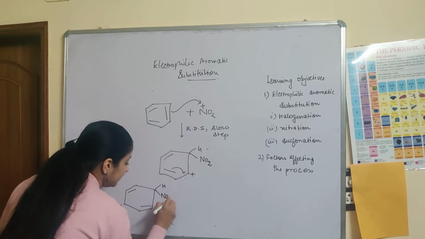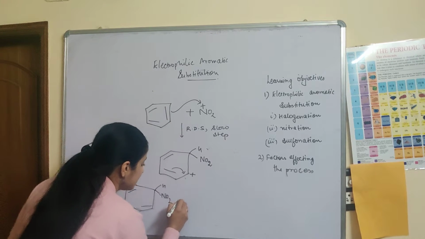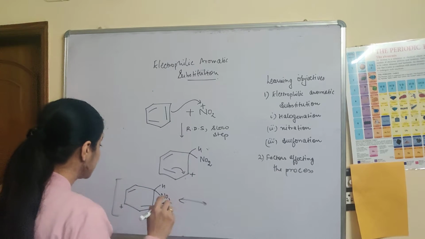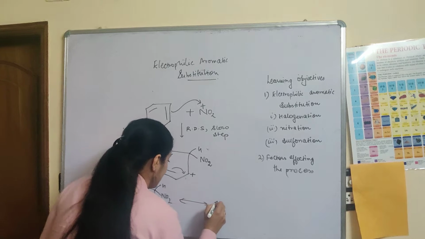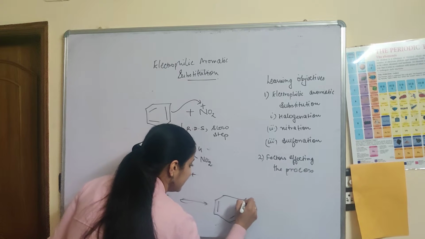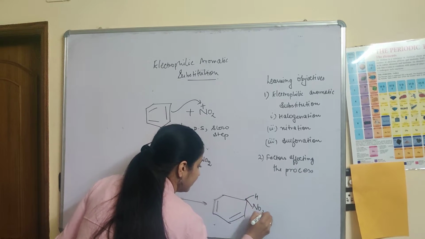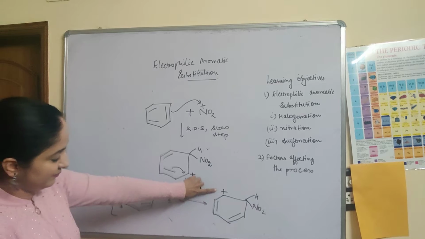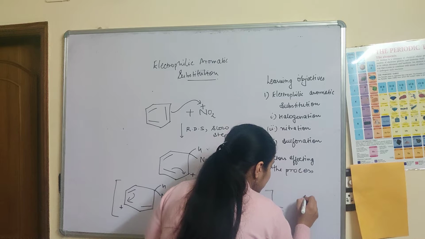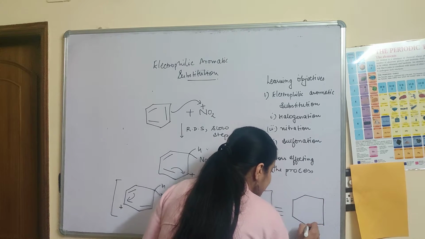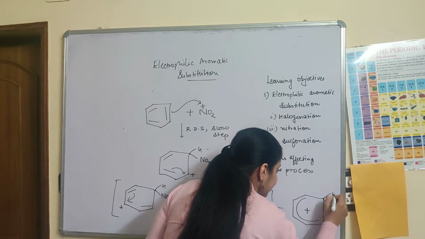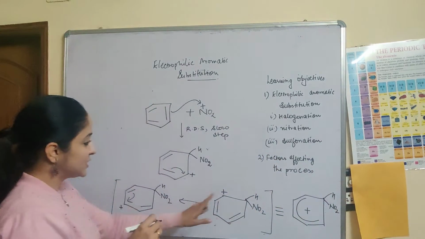Since we are drawing resonating structures, they must be enclosed in square brackets. Okay, students. See this? So there are 3 resonating structures here. So we can draw a resonance hybrid over here, students. So we have a resonating structure.